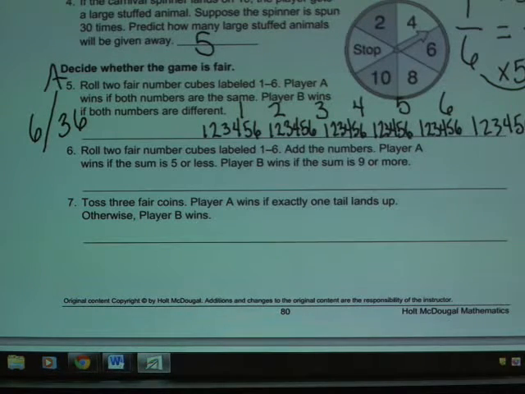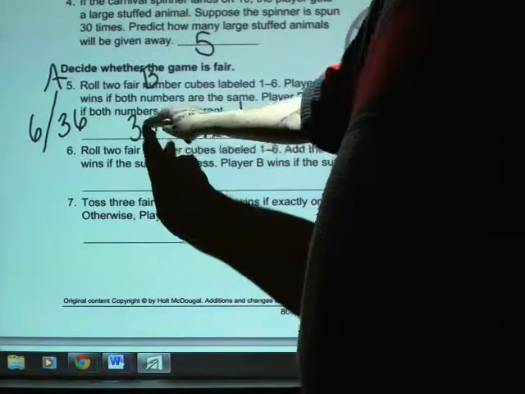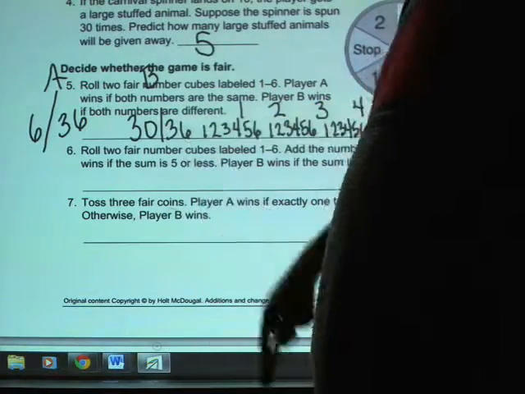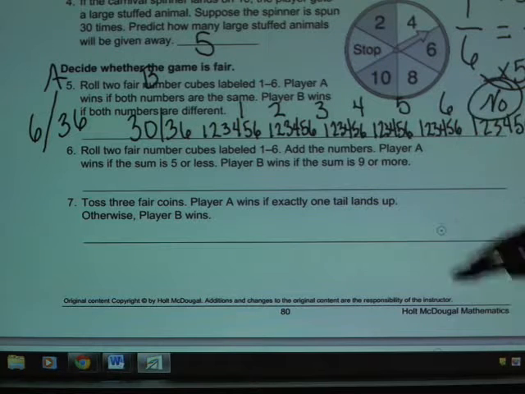B wins when the numbers are different. Well, that's everything else that's left. So B wins the other 30 times out of the 36 total possibilities. Well, since those two probabilities there are different, the answer here is going to be no. The game is not fair.